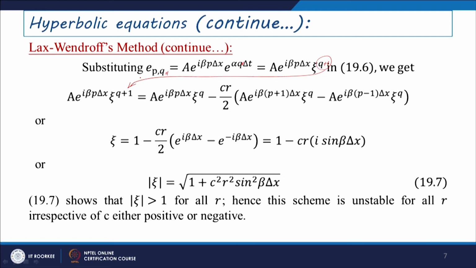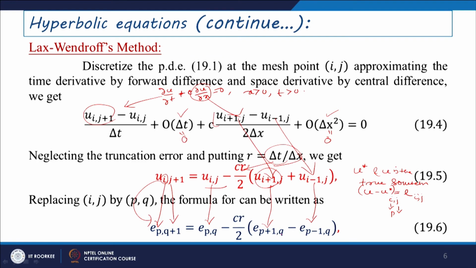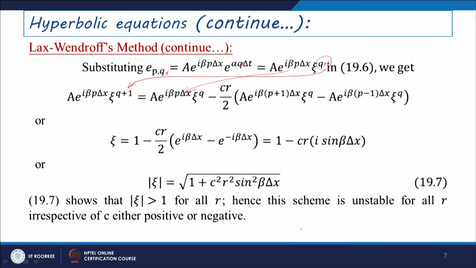Similarly, we will have the p plus 1 q term and the p minus 1 q term there. So, directly we can replace that as a e to the power i beta p plus 1 delta x zeta to the power q term. And similarly, for p minus 1 we can write a e to the power i beta p minus 1 delta x into zeta to the power q here.